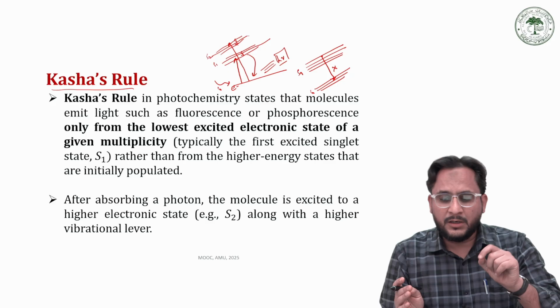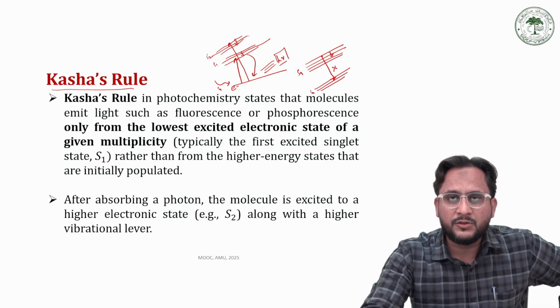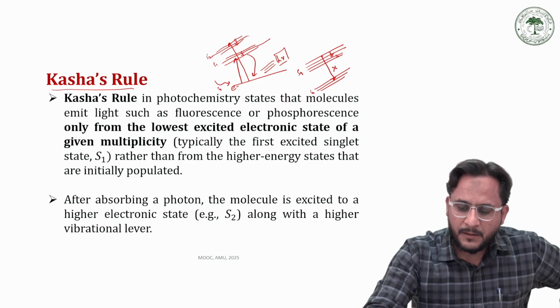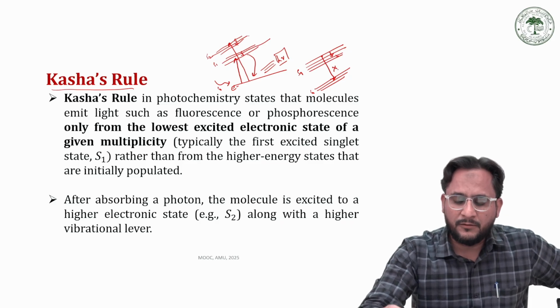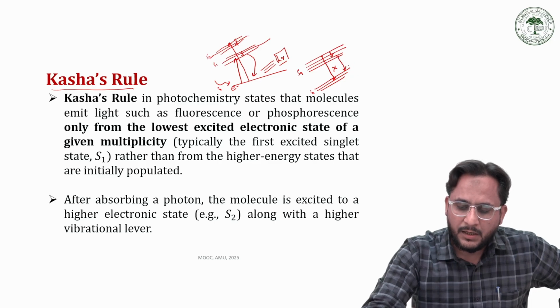What is possible according to this rule is that first the electron will undergo vibrational relaxation, which is a form of non-radiative deactivation process, and comes to the lowest vibrational level of that excited state, and then it comes back to the ground state, emitting light in the visible region.